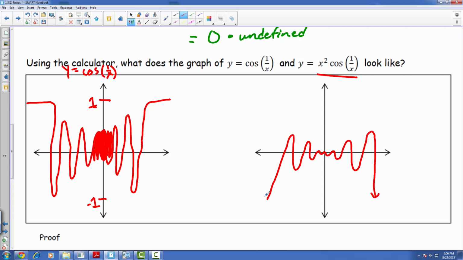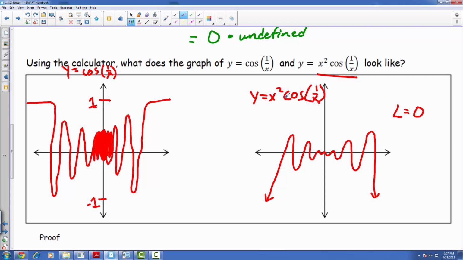All right, so more or less, that is our image that we are seeing when we combine the two functions together. So again, this was our y is equal to x squared times the cosine of 1 over x. So it really looks, again, this is what we think, that the limit is equal to 0. It really looks like it is, in fact, 0.